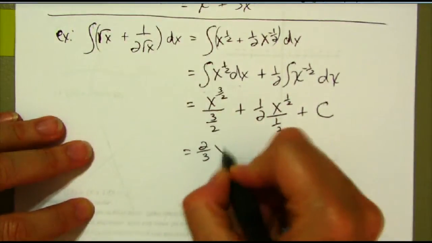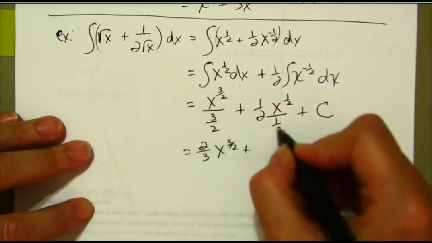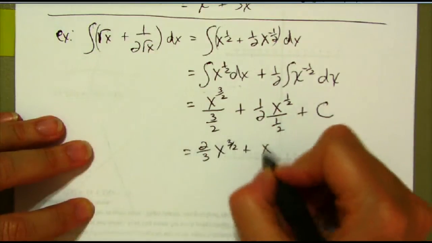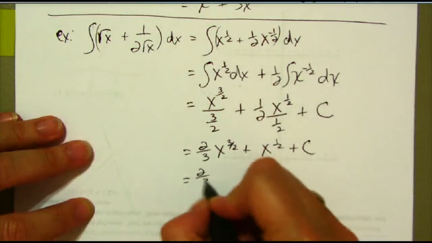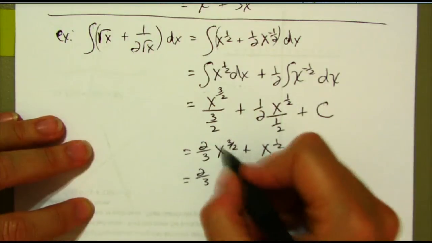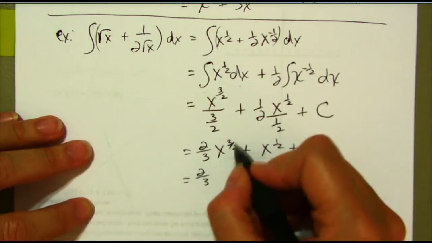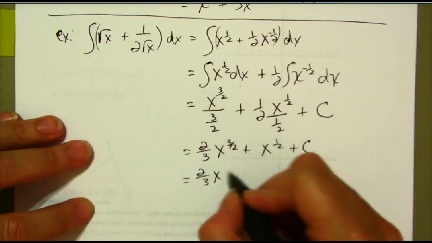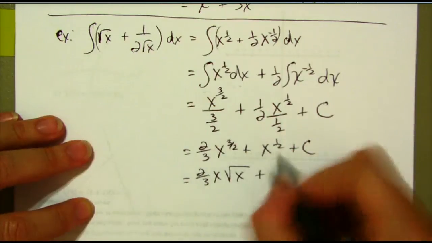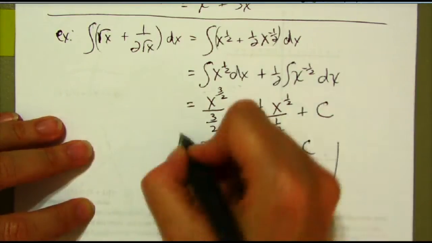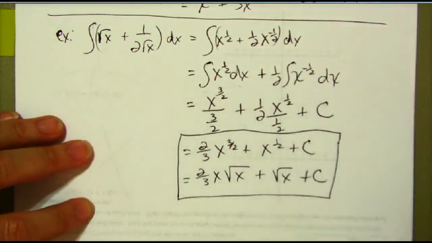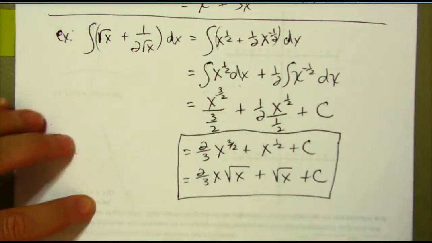Multiplied by the reciprocal. That's just 1. Now this is really x to the first power times x to the 1/2. I could take out an x and put the other one underneath the square root. This is underneath the square root, so maybe it's written like this. It could be written either way. Either way is correct.